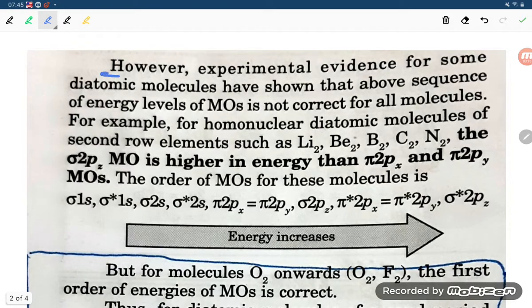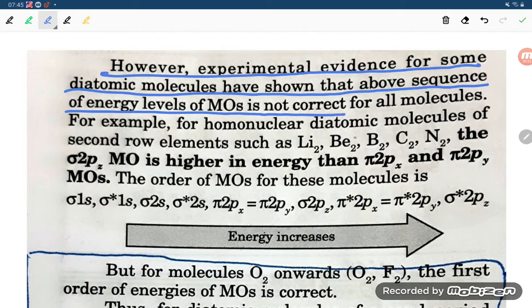However, experimental evidence for some diatomic molecules has shown that the above sequence of energy levels of molecular orbitals is not correct for all molecules.